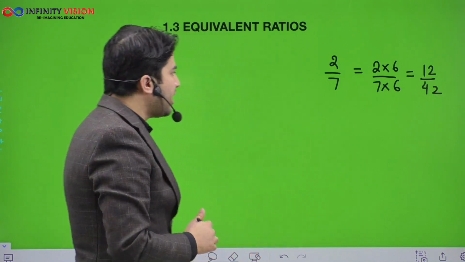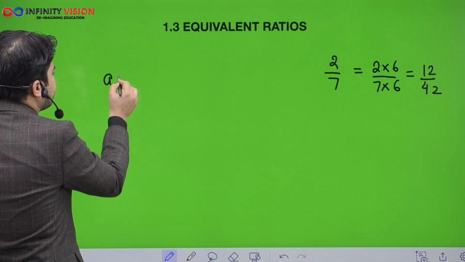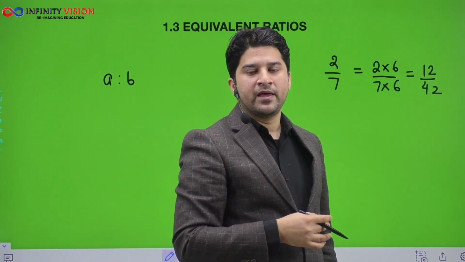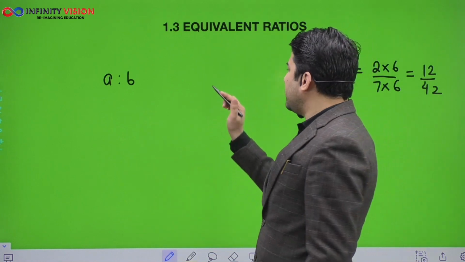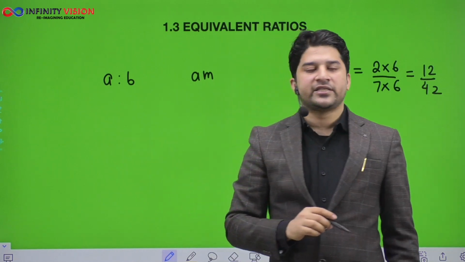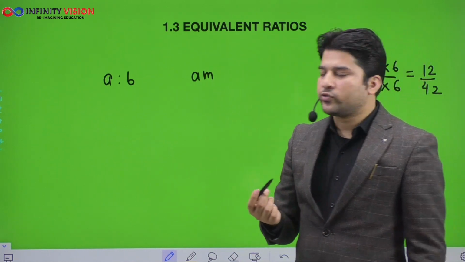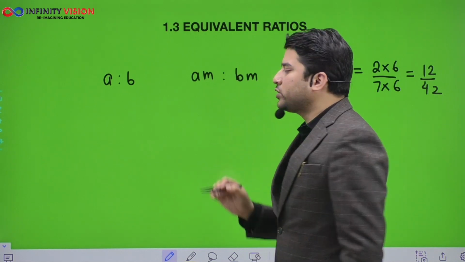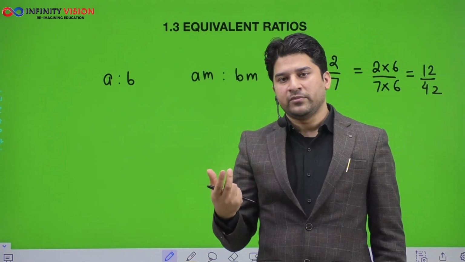In the same way, when you have a ratio A is to B, let's say you have antecedent as A and consequent as B. And let's say I am going to multiply the antecedent by a quantity M, and I am going to multiply consequent B with M. So antecedent and consequent both are multiplied by the same number.